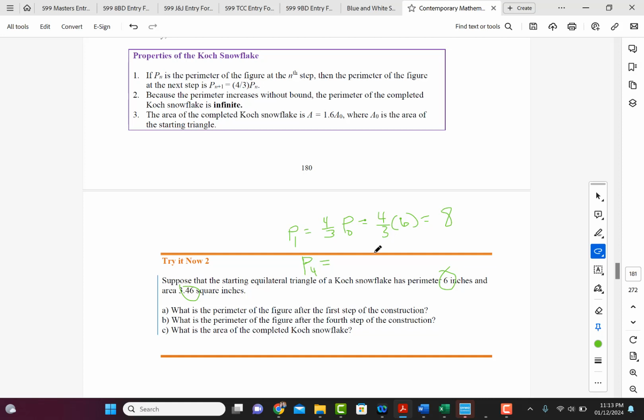And then P3 would be 4/3 times 32. So 32 times 4 is 128 divided by 3.